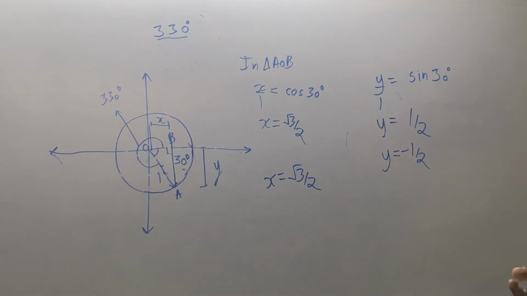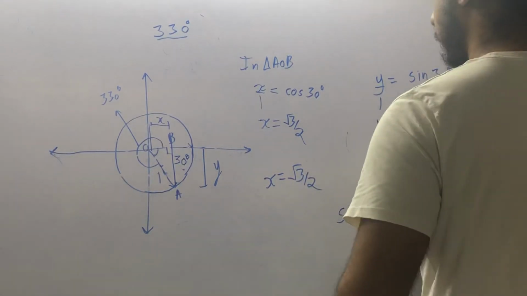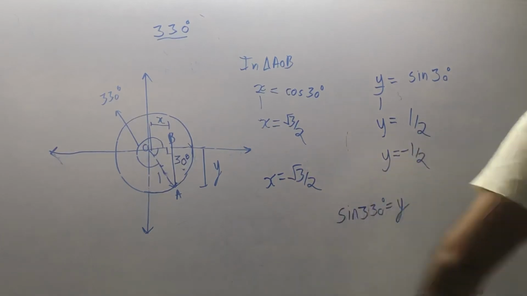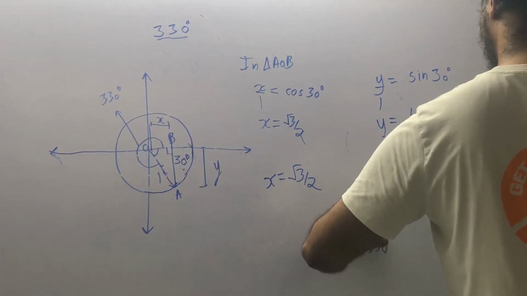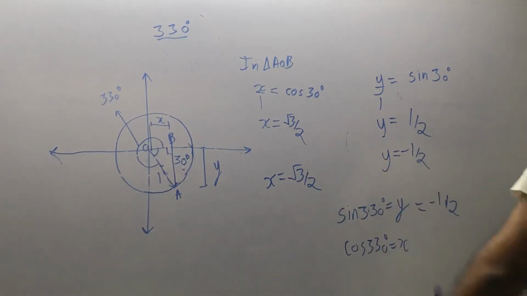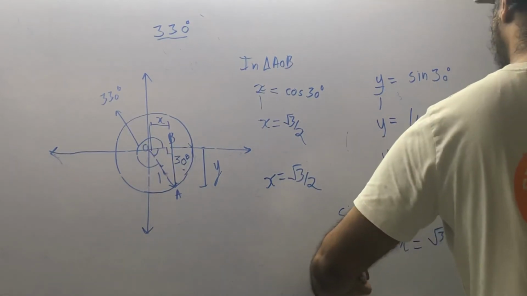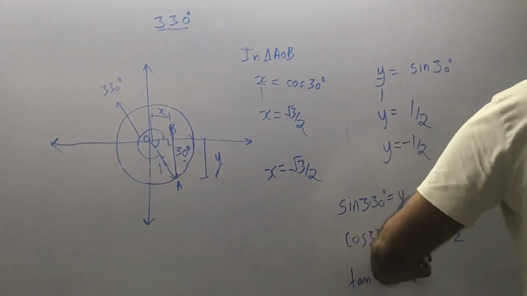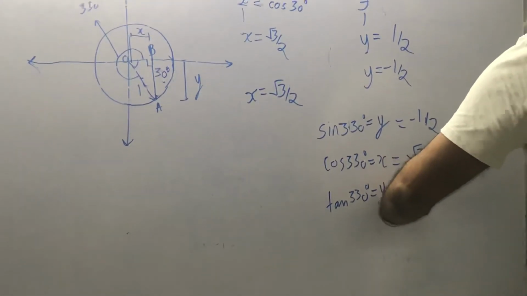Hope that is clear. Now you all know the value of sine theta. Sine 330 will be Y, and cos 330 will be X. Y is -1/2, and X is √3/2. And tan 330 is Y/X, so this will be -1/2 upon √3/2.